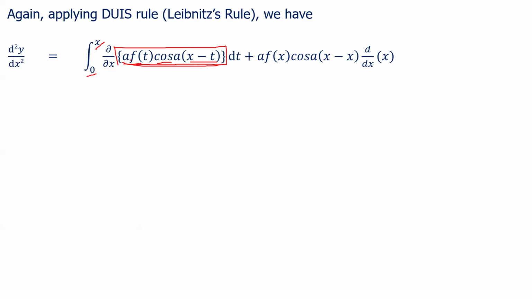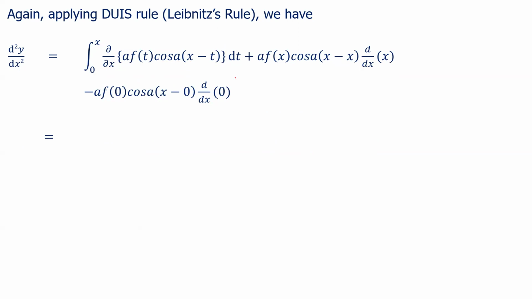Plus the functional value of this function at t is equal to x. So let us just put t equal to x. So a f of x into cos a x minus x, derivative of upper limit which is x, minus a times of f of 0. We have to put t equal to 0 for the lower limit. So a f of 0 cos of a x minus 0, derivative of 0 with respect to x. This is lower limit.